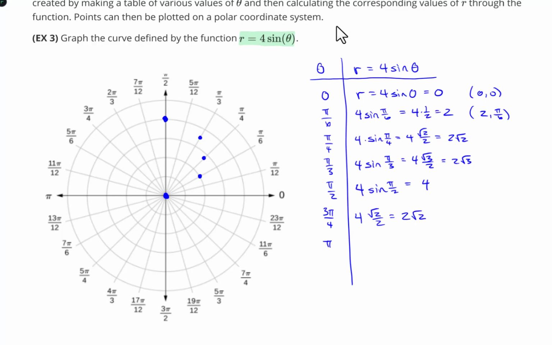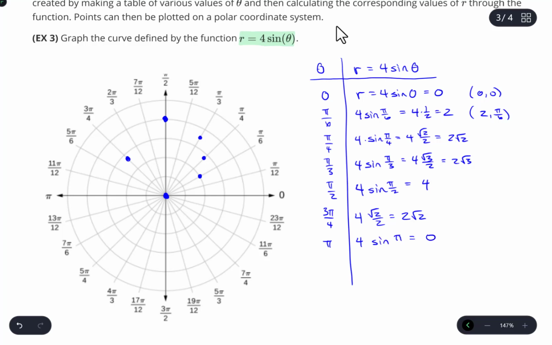And if I recall, that was 2.8, so along the 3 pi over 4 line, I go just almost to that point. And then at pi, it would be 4 sine of pi, and that is 0. So we're back to here.